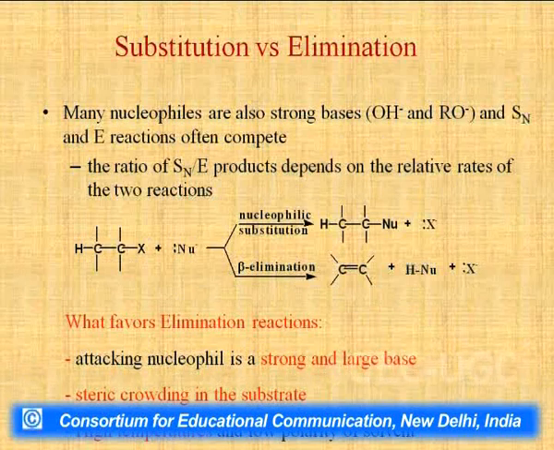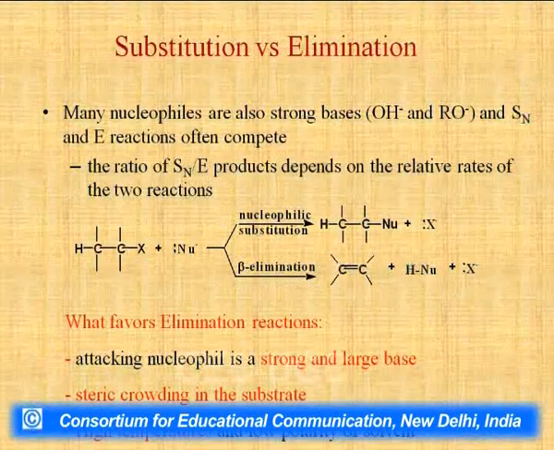Substitution versus elimination. Many nucleophiles are also strong bases, for example hydroxide ion and alkoxide ion. Nucleophilic substitution and elimination reactions often compete with each other depending on the nature of the nucleophile and base.